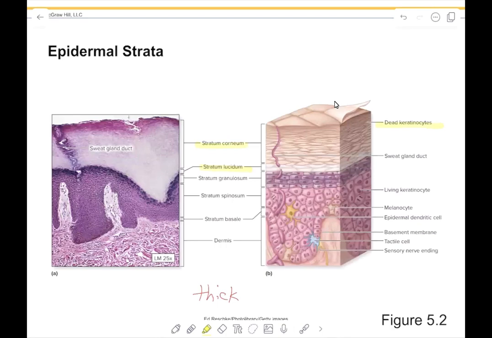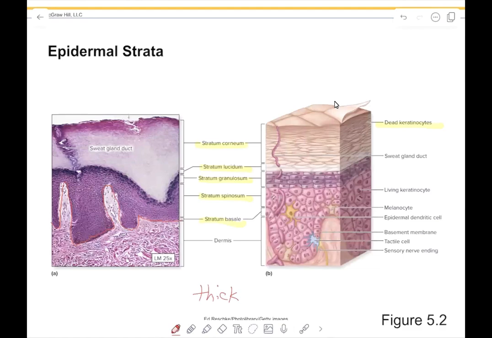So in this particular micrograph on the left-hand side of your slide, you could see all 5 strata, beginning with the stratum corneum, the stratum lucidum, stratum granulosum, stratum spinosum, and stratum basale. Between the stratum basale and the dermis, there is this very noticeable line which shows the separation between them.